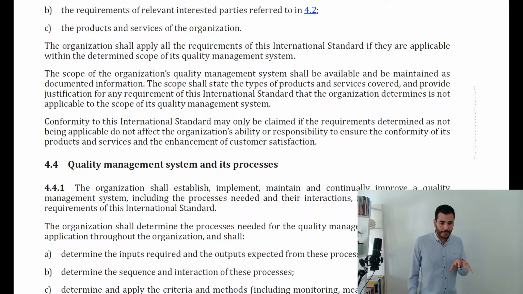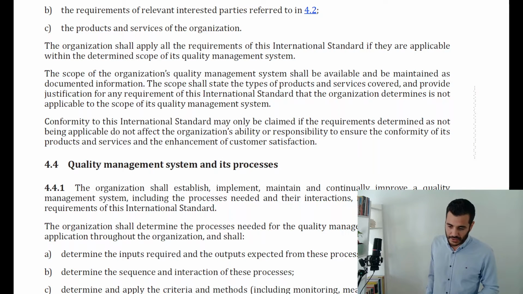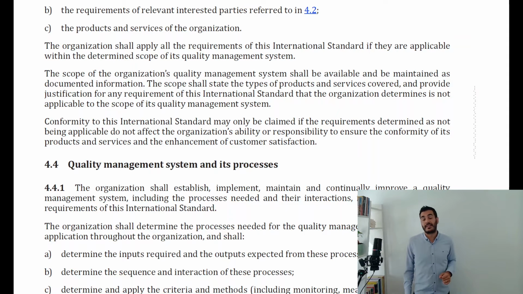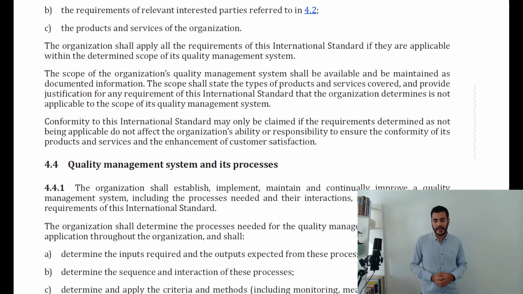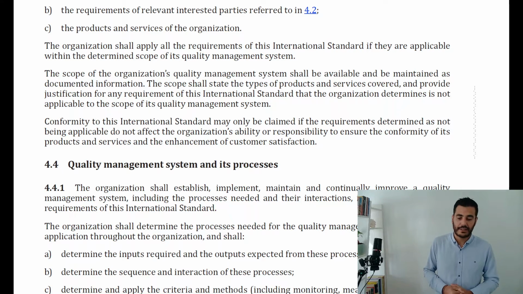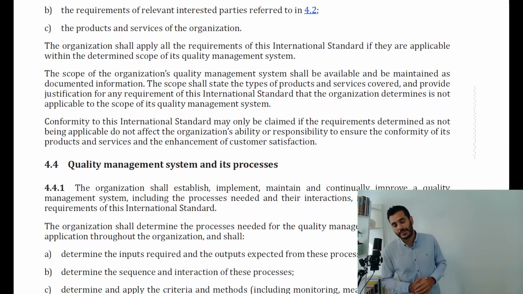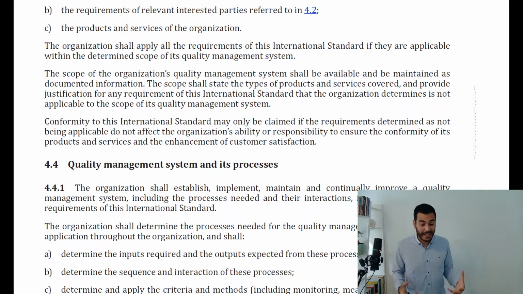And the scope shall state the types of product and services offered and provide justification for any requirement of this international standard, like I have just explained. Conformity to this international standard may only be claimed if the requirements determined as not being applicable do not affect the organization's ability or responsibility to ensure the conformity of its products and services and the enhancement of customer satisfaction.